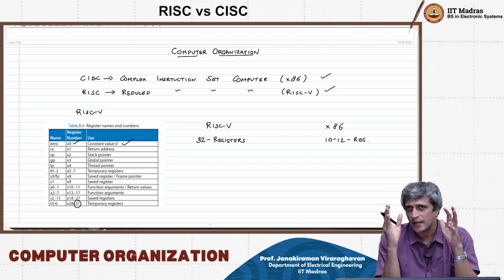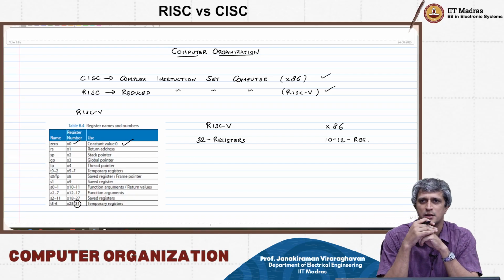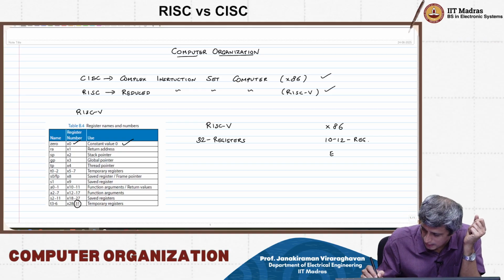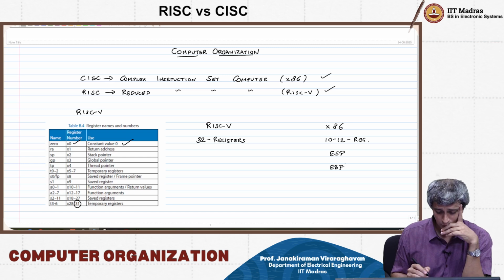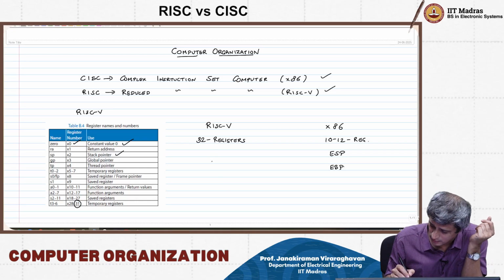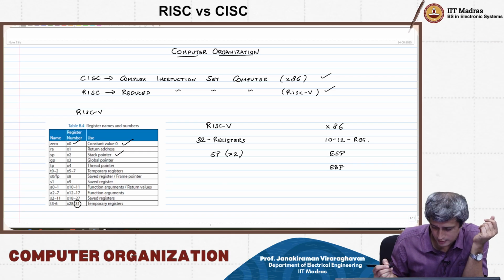Now, just like the x86, there are certain specialized registers. For example, there was a stack pointer and there was a base pointer. That stack pointer is available here as SP, and it is register X2.